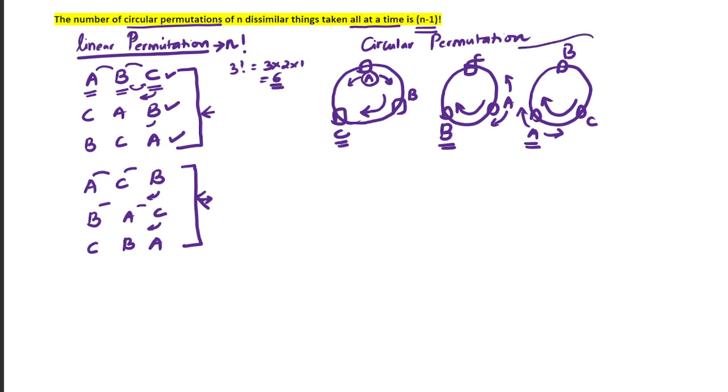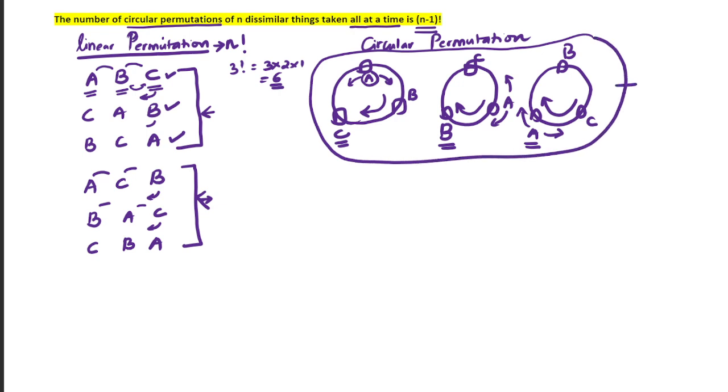So all these 3 circular permutation arrangements are actually the same. So this is considered as only one circular permutation arrangement.